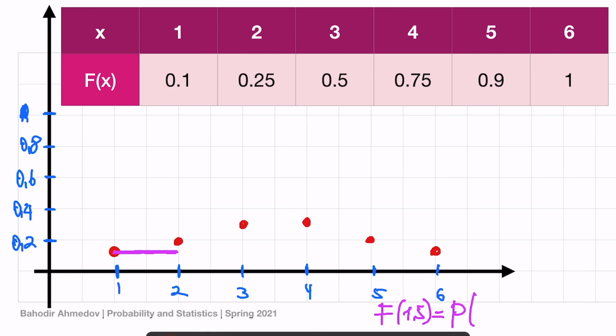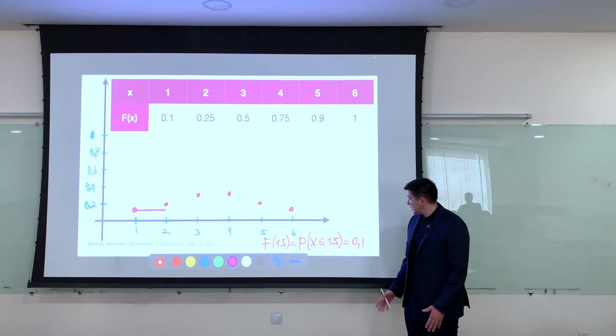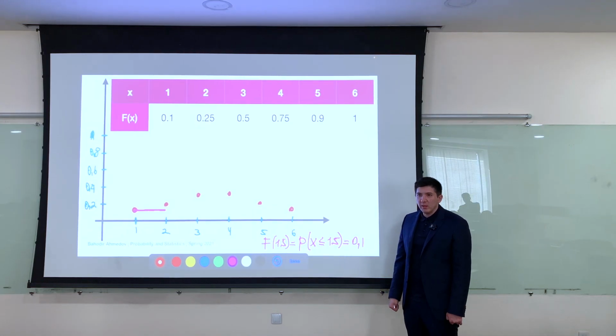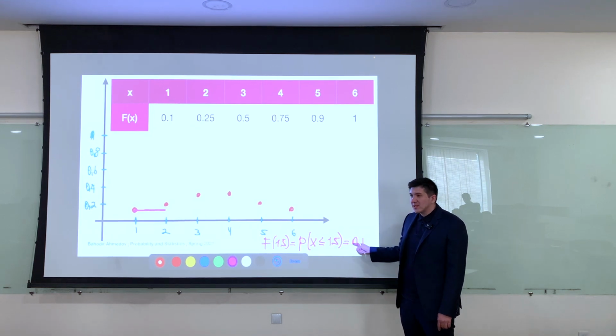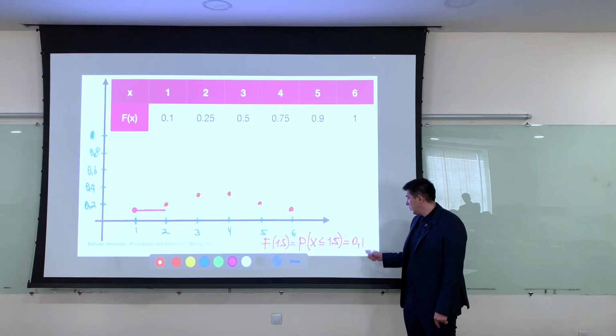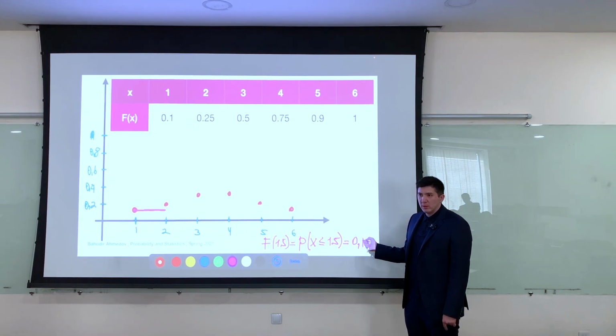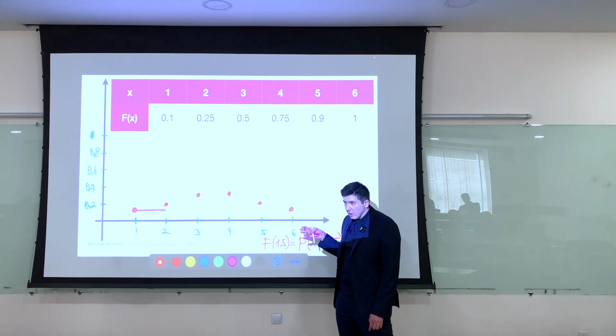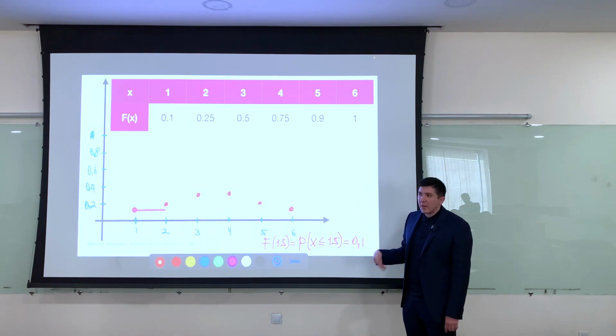It is the probability that your random variable is smaller or equal to 1.5, which is going to be equal to 0.1 because you're going to sum all of the probabilities smaller than 1.5, right? But if I would just put 1.7, you would still get 0.1. Or 1.99, you would still get 0.1. You understand this? So till the 2, for any values, I'm going to get 0.1.